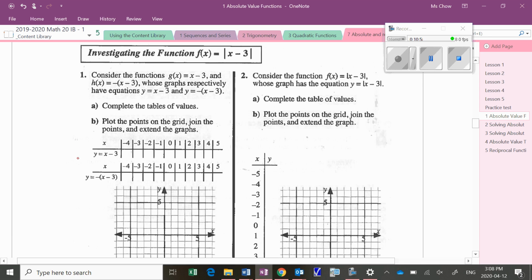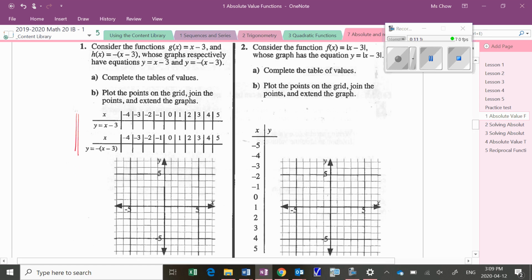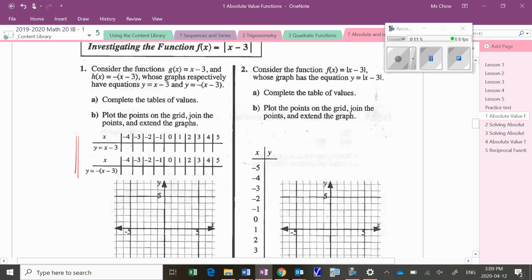You can see these two tables of values right here, and they've just written them horizontally instead of vertically, as some of you might be used to. And then go ahead, plot those points in the grid, join the points, extend the graphs, and then go ahead and do so for the absolute value and take a look at what happens. So go ahead and hit pause right now and then rejoin me when you're done.